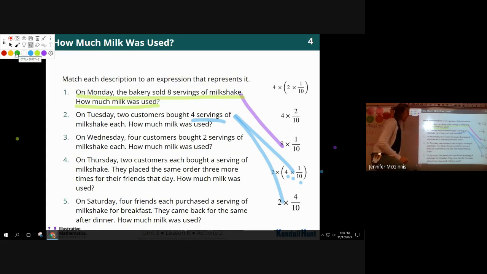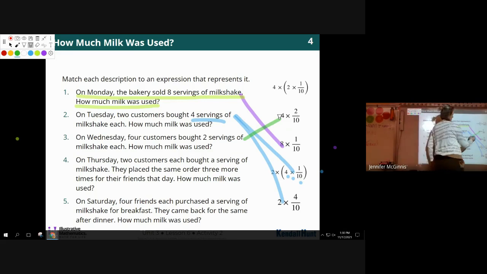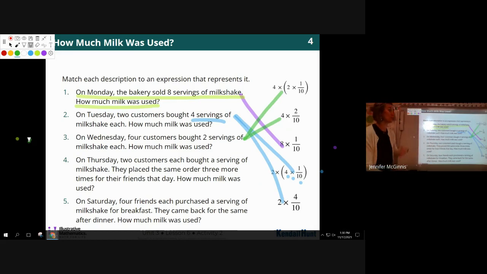On Wednesday, 4 customers bought 2 servings of milkshake each. Levi? 4 times 2 tenths. 4 times 2/10. 4 times 2 times 1/10. Does that say the same thing? Yes. Sure does.